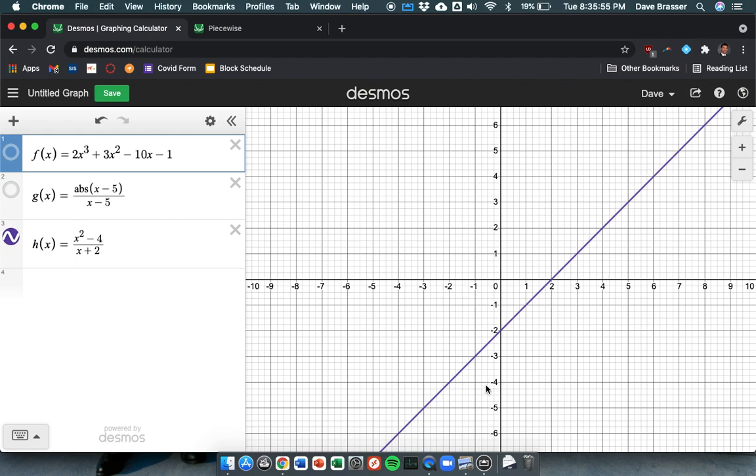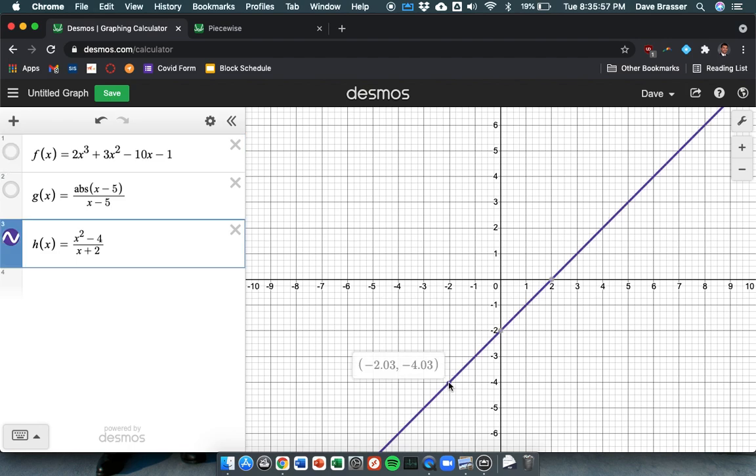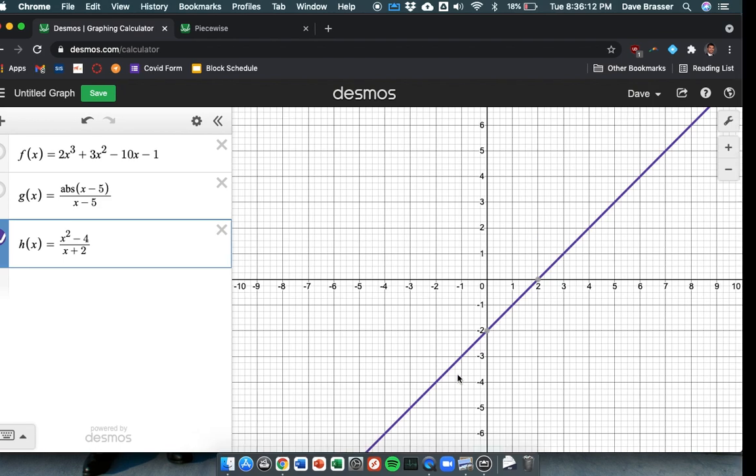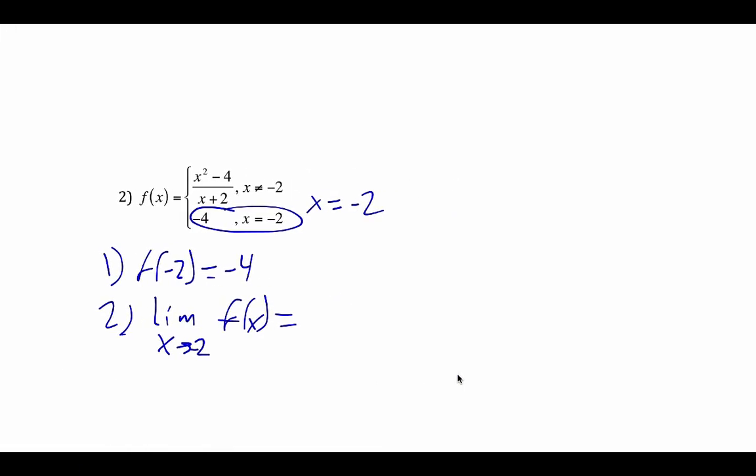Now again, we're checking it at x equals negative 2. If I click on x equals negative 2, you'll see it says undefined. That's because if we plugged in negative 2, we get 0 in our denominator. But it's undefined there, but it's getting really close to negative 4 from both the left and the right side. In addition to that, the second part says, well, at that point, it is at negative 4.